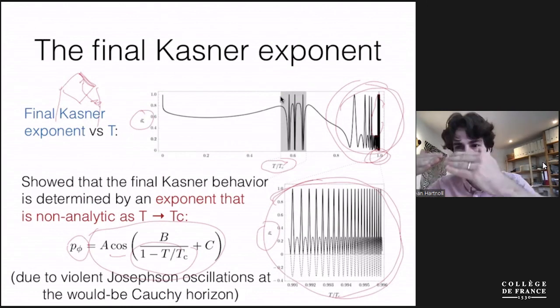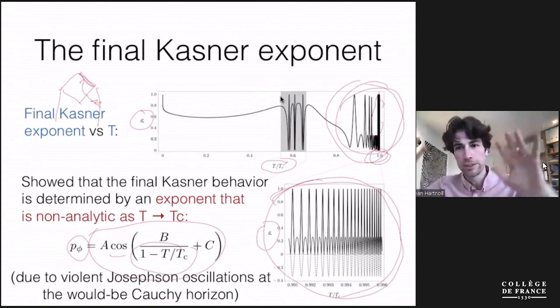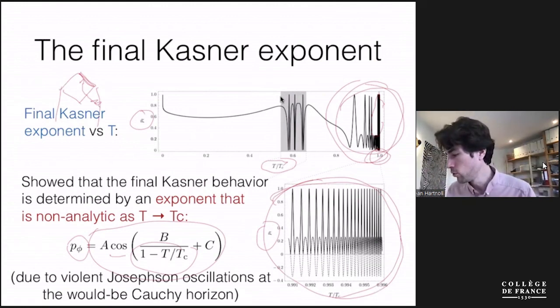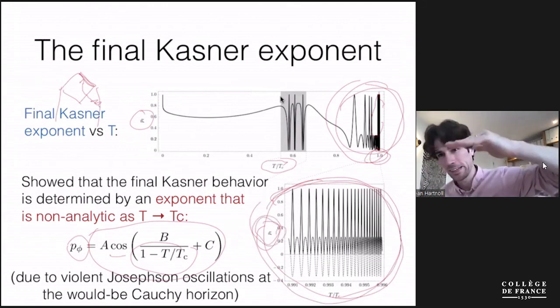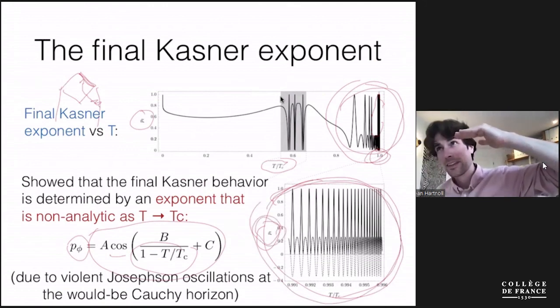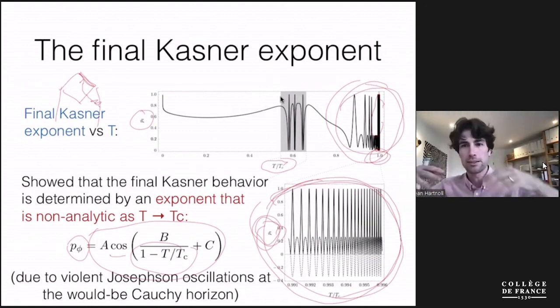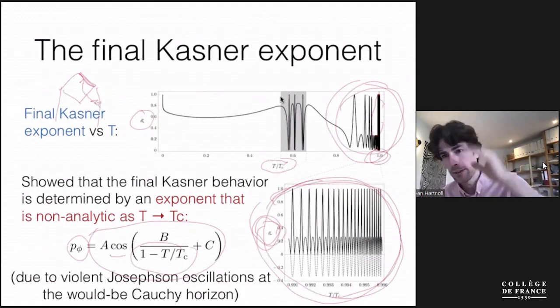And so as phi becomes smaller, you get more and more oscillations in the scalar field before it kills the Cauchy horizon. And these oscillations leave an imprint in the solution. And that's why there's all these oscillations in the behavior of the singularity. This is the exponent of the singularity as a function of temperature, but it has to do with the fact that there are these violent oscillations as the scalar field turns off. Okay, so that's the first point.